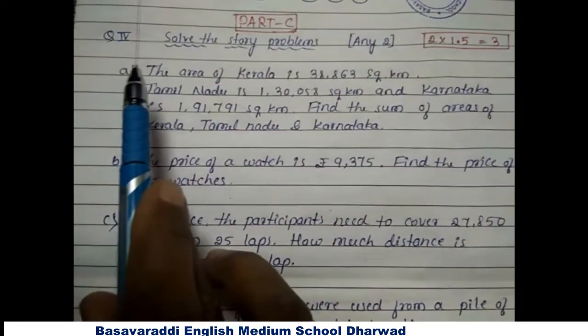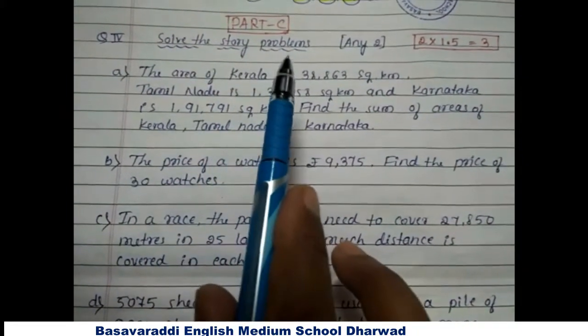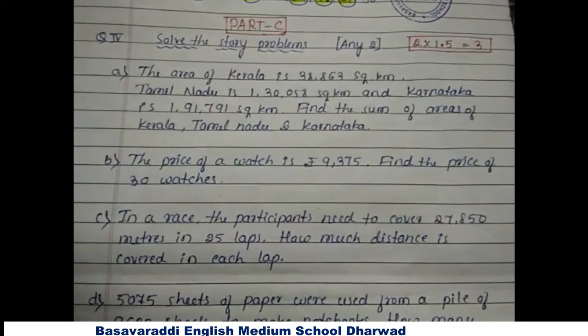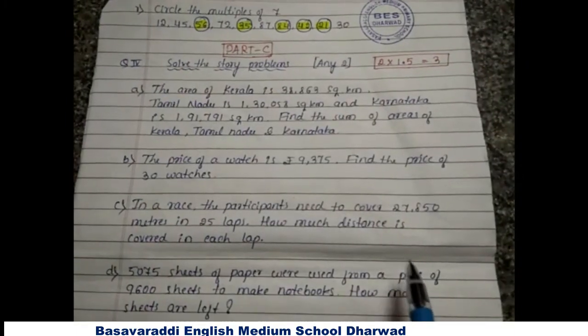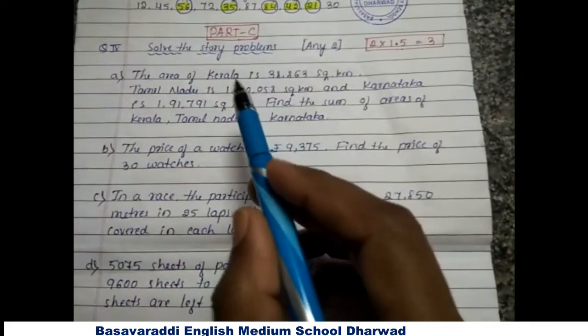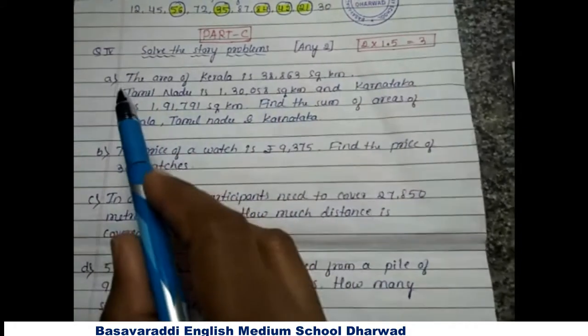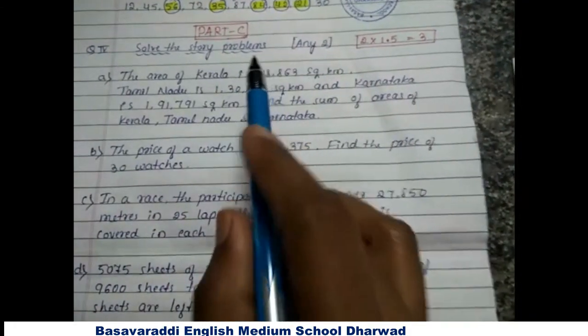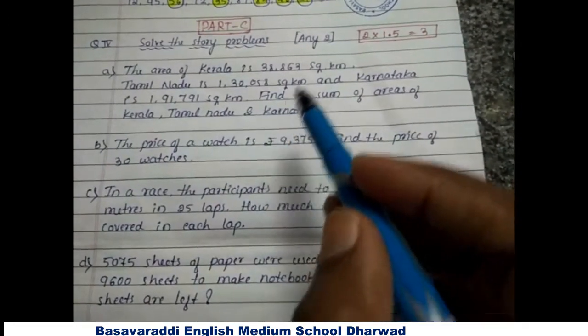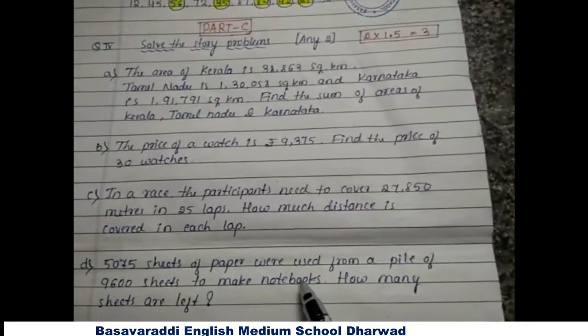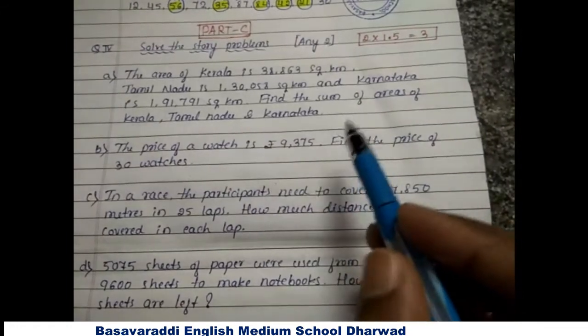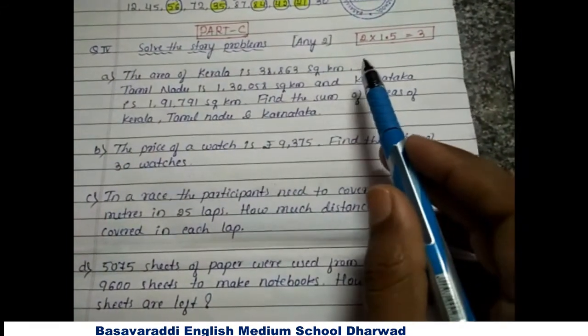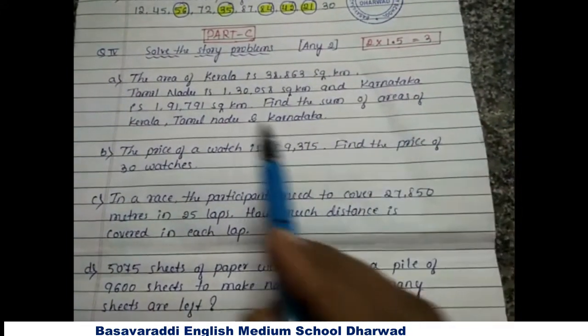Question number 4: solve the story problems. In part C, question 4, solve the story problems. There are 4 story problems, each carrying 1.5 marks.